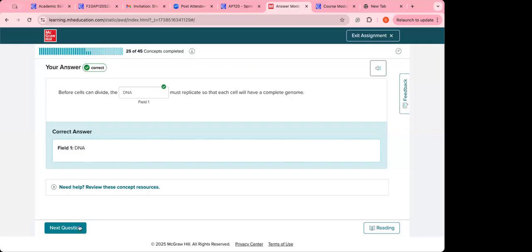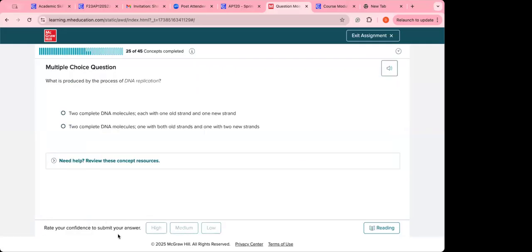Okay. What is produced by the process of DNA replication? Okay, so we have to read this and see what the product of replication is.